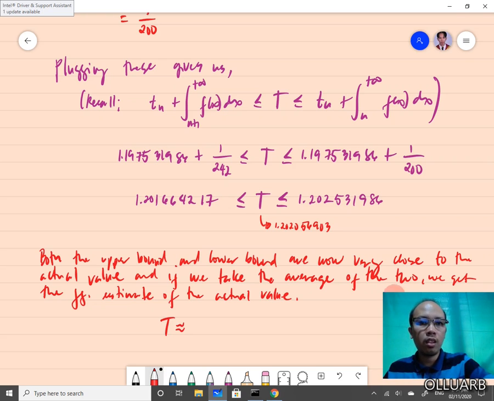So get the average of these two. Just take a sum and then divide it by 2.